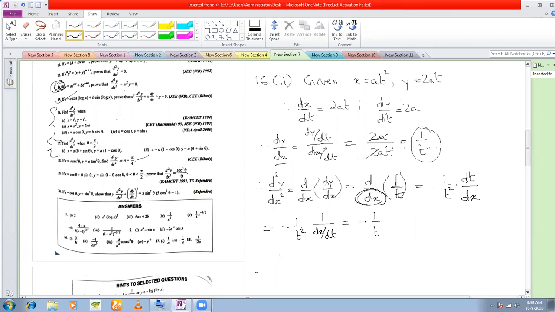Minus 1 by t square. And what is dx dt here? 2at. So this is into 1 by 2at. So you effectively get minus 1 by 2at cube. Clear with this? Yes, sir. This is how you find d2y dx2 for parametric functions. So I stop here for today.